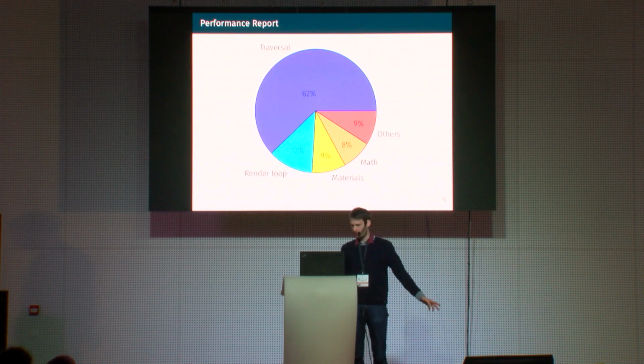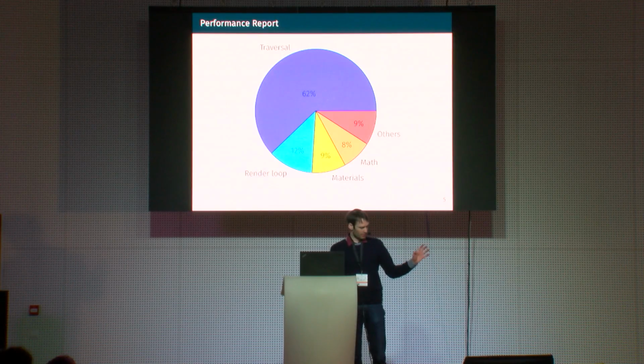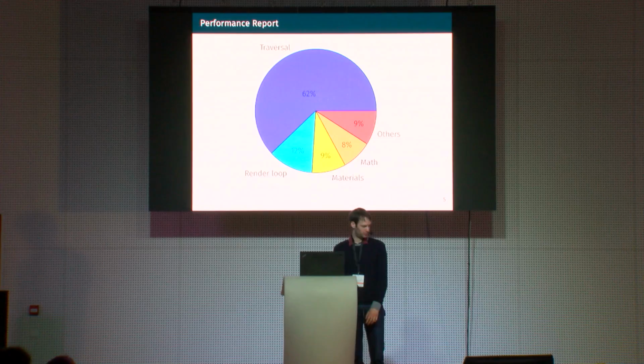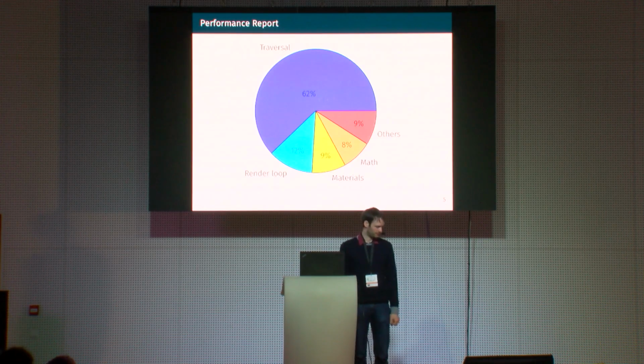So you end up with 62% of the time spent just doing ray traversal, so finding intersection between a ray and the geometry in the scene. 12% of the time is spent in the render loop, which is just some sort of glue code which connects the traversal and the material system.